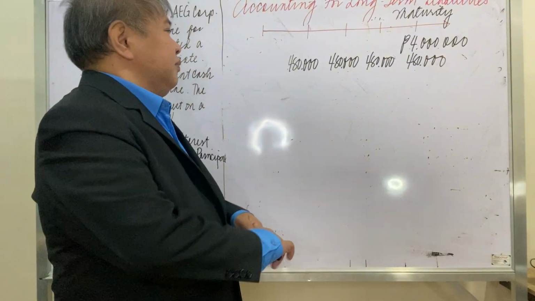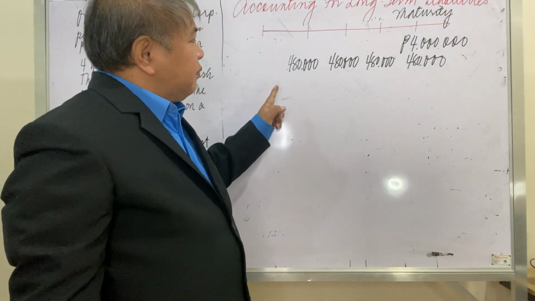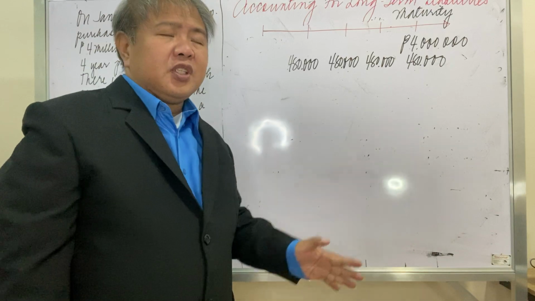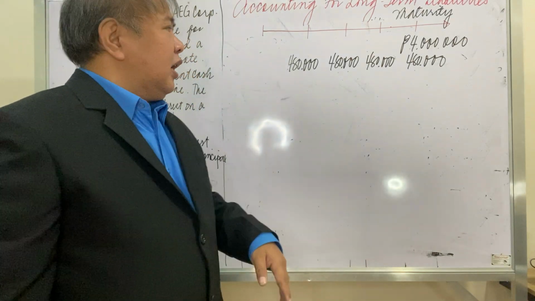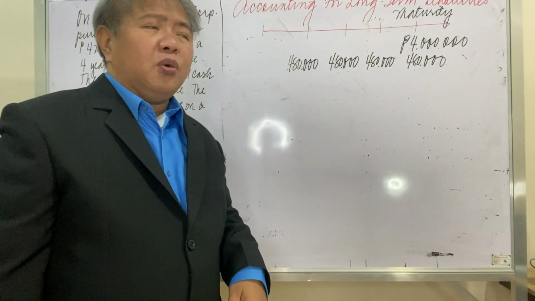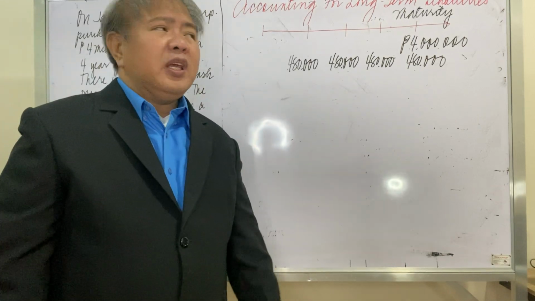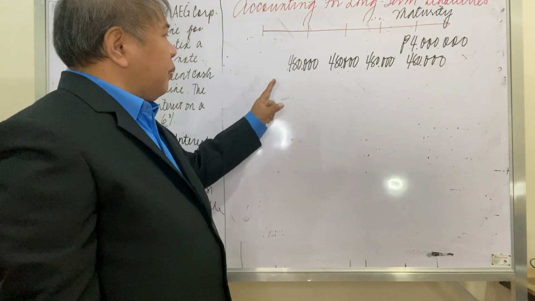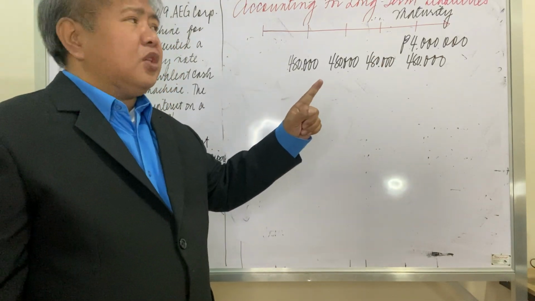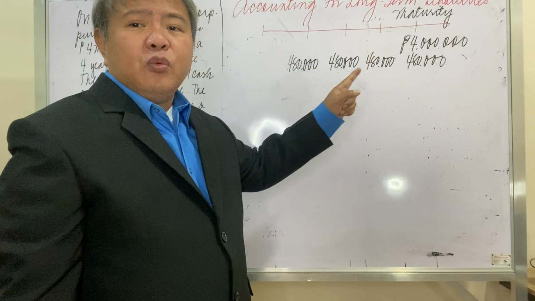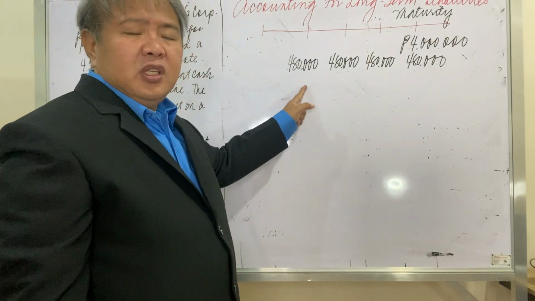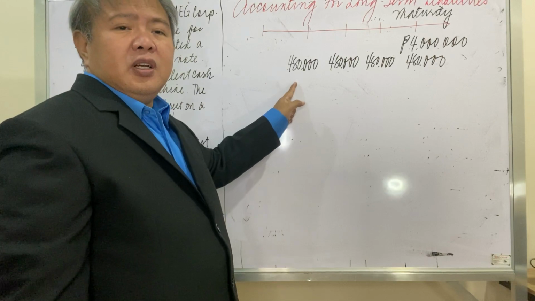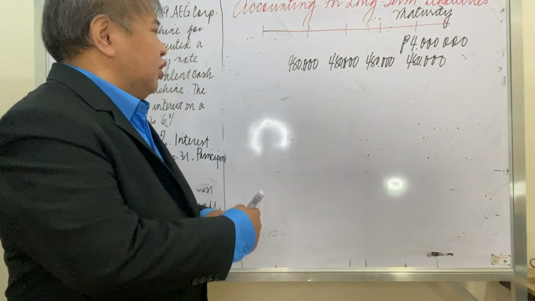Note that we have 480,000 as a uniform amount from the first year to the end of the loan, and the 4 million pesos will be at the fourth year. Here we can use the present value of 1 to discount the 4 million, and the present value of annuity to discount the 480,000 per year, which is the interest.